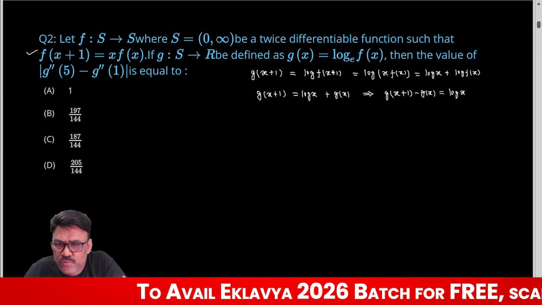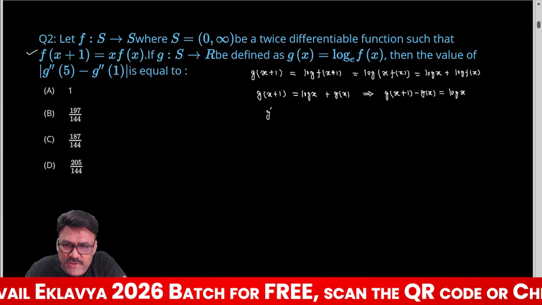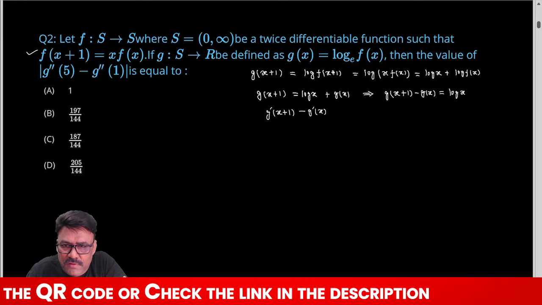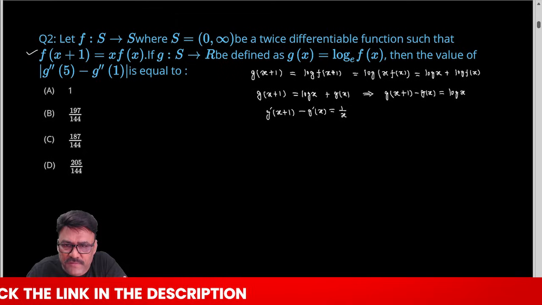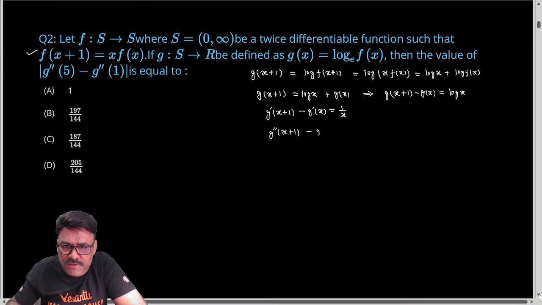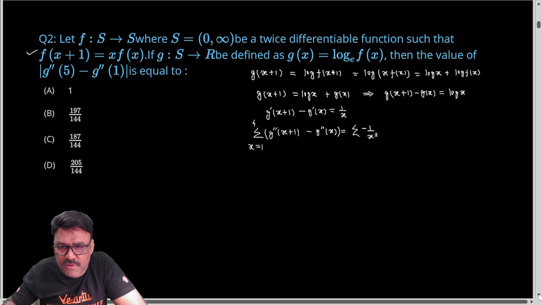Now if I differentiate it 2 times, the first derivative will be g dash x plus 1 minus g dash x is 1 over x. Differentiate again. So g double dash x plus 1 minus g double dash x is minus 1 over x square. Now since I need g double dash 5 minus g double dash 1, let's take the summation with x varying from 1 to 4 on both sides.